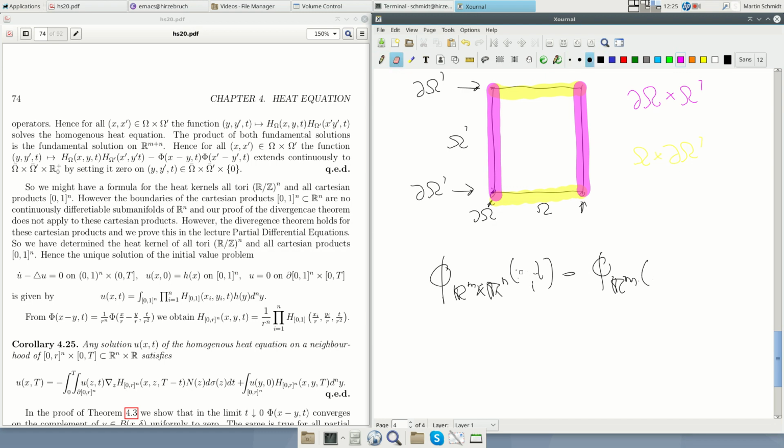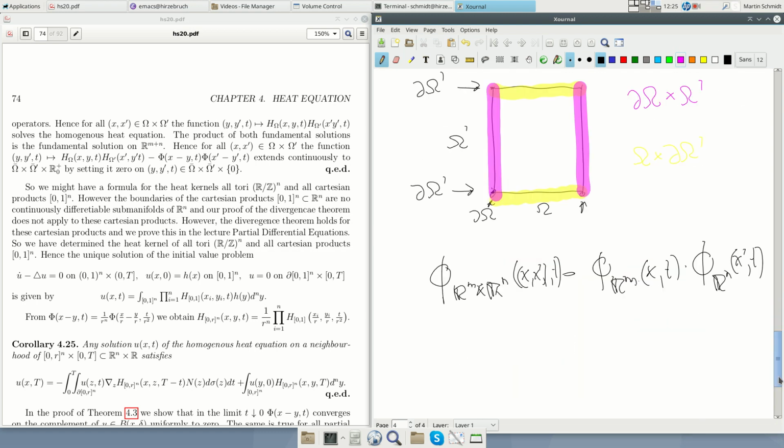No, here I need, of course, an x prime: phi of Rm of x, t times phi of Rn of x prime, t.